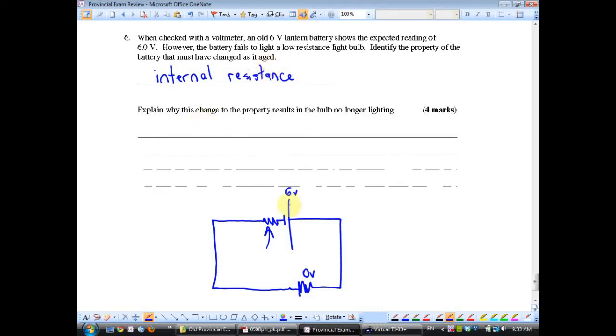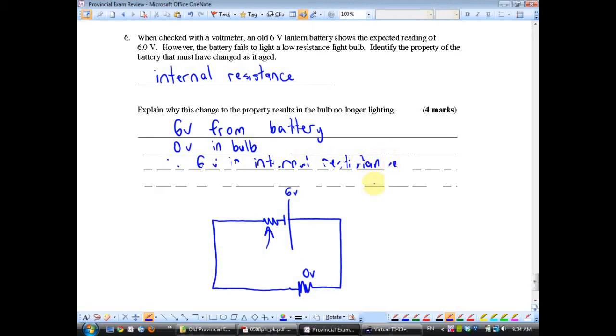Explain why this changed. I would draw this circuit and I would say, using Kirchhoff's laws, 6 volts from battery, 0 volts in bulb, therefore 6 volts in internal resistance.